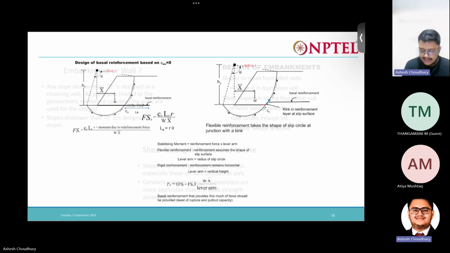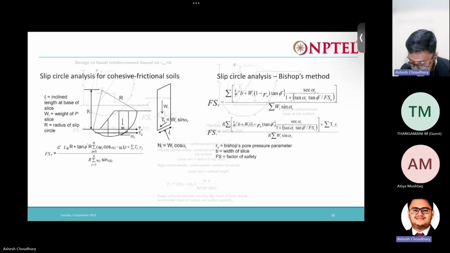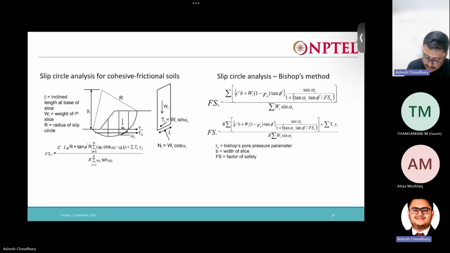Now, as we can see here, for soils with phi equal to 0, that is completely cohesive soils, we can take the failure wedge or trial wedges as completely circular. And for c-phi soils, we have to do wedge analysis: we have to consider these wedges and then solve.